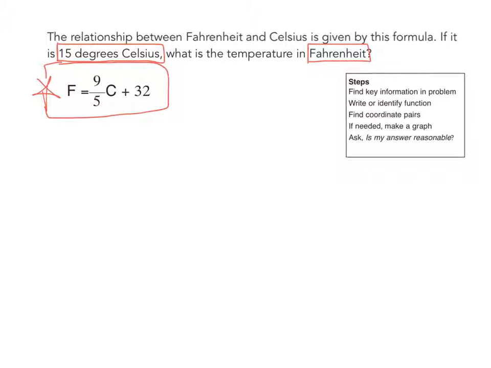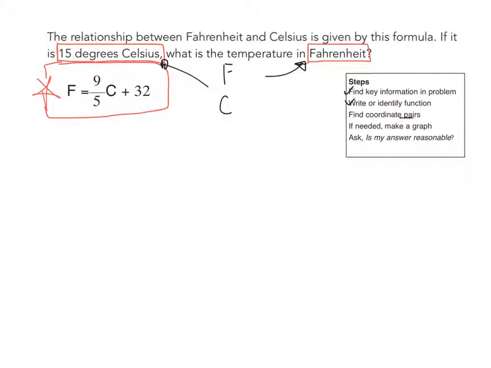So I can determine that F is equal to Fahrenheit, that's what that stands for, and C is equal to Celsius. So now I have determined what these variables stand for. So I have found my key information and the function given to me.